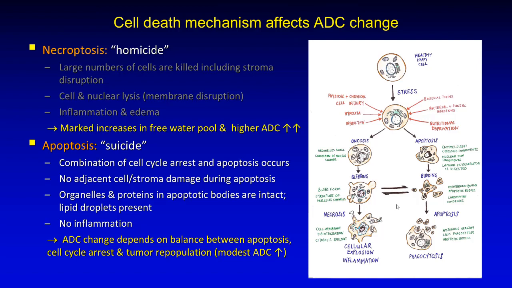Suicide is completely different. Suicide, you kill 1 cell at a time. You kill 1 here, 1 over there, 1 over there. And the thing about suicide is, if you commit and kill yourself, the first thing people do is nick something from your pocket, correct? Right? That happens, right? And that's exactly what happens when you kill a cell. If you kill 1 cell at a time, the neighboring cells take up these apoptotic bodies and use them as spare parts.